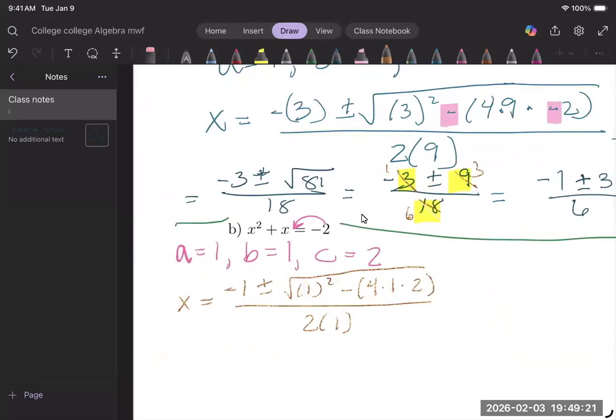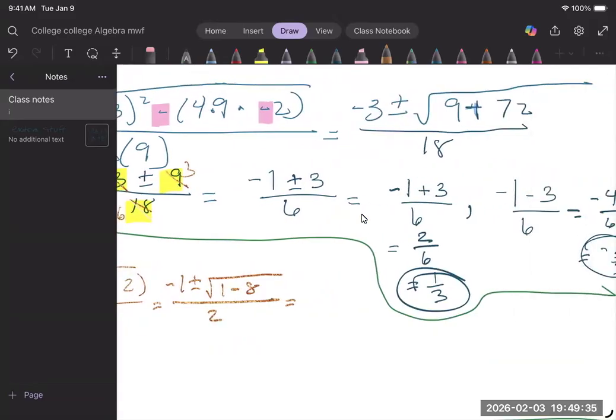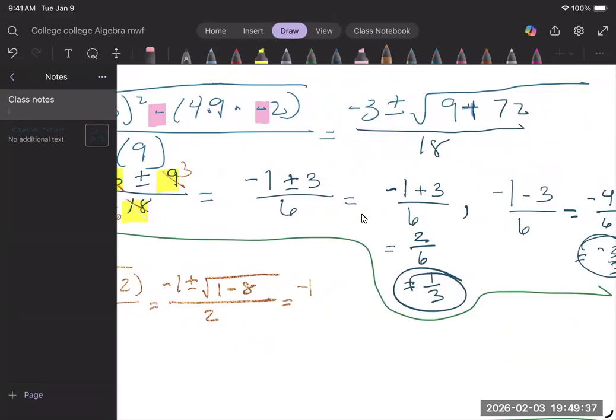All right, now we just simplify. So it's -1 plus or minus the square root of 1 minus 8 all over 2, which is -1 plus or minus the square root of -7 all over 2.